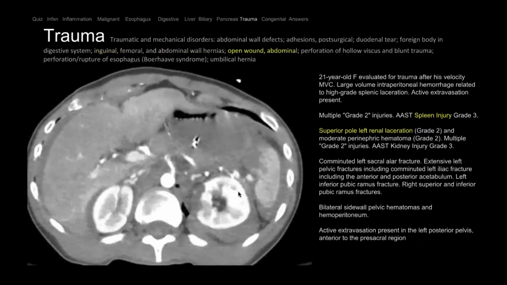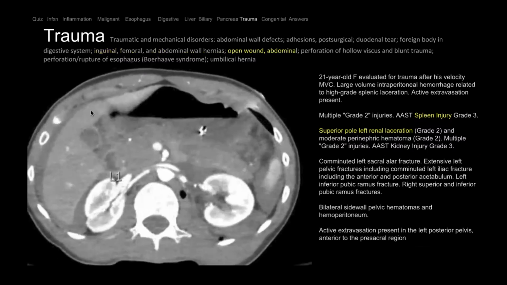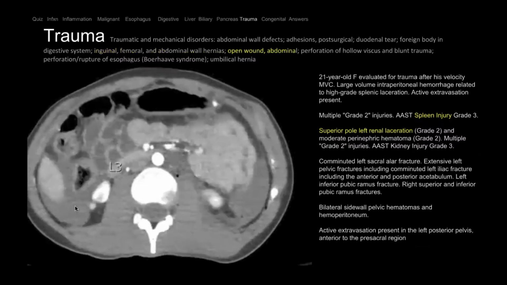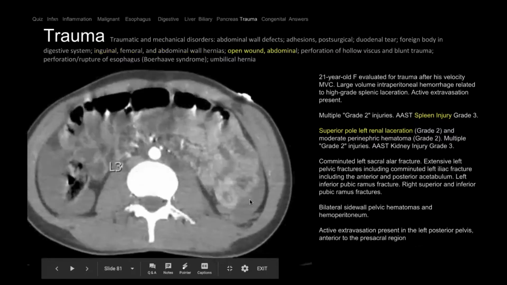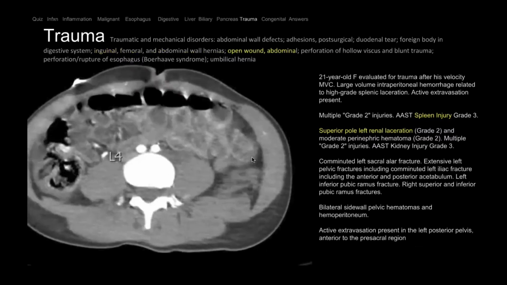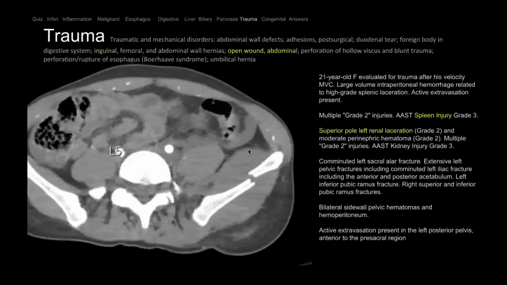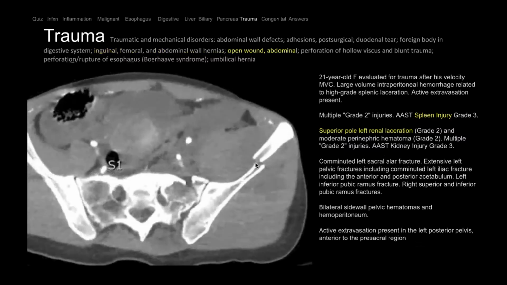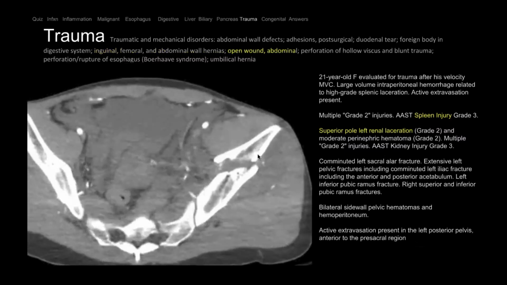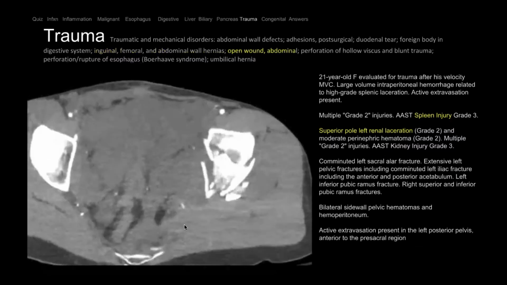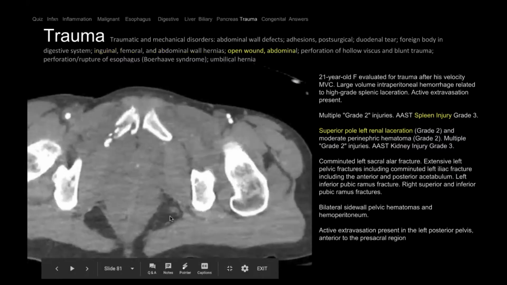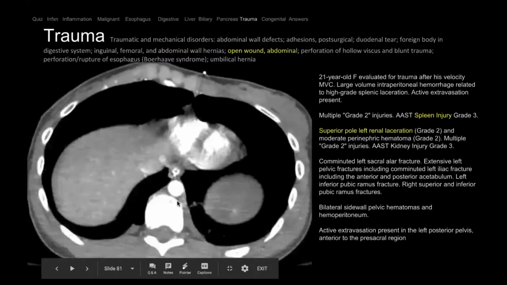So this is a patient who had a high velocity injury. So we have free high density fluid that's hemoperitoneum, and there's stranding here posteriorly from a hematoma, and then there's fractures of the pelvis there, and then there's hematomas here with high density stuff here. That's active extravasation.